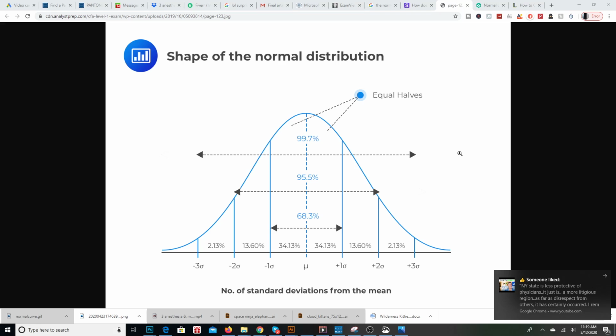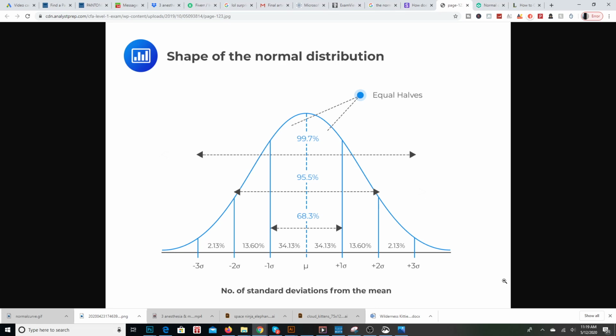I know you guys can see that. So we're essentially just adding up the percentages from one deviation, which is going to be 34.13 plus 34.13, right?